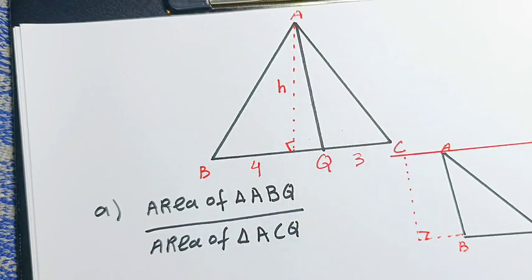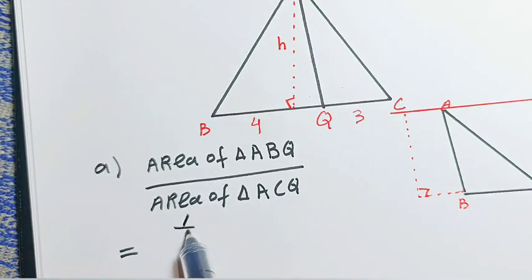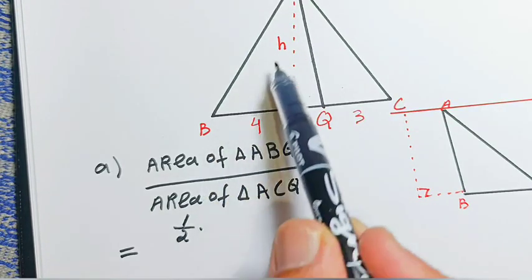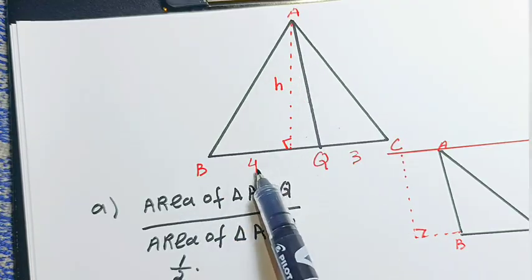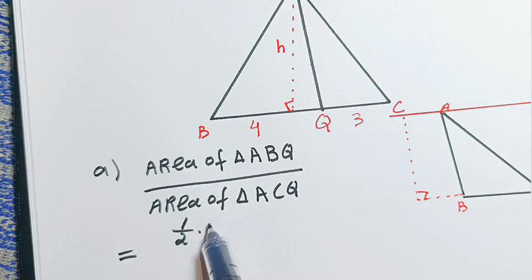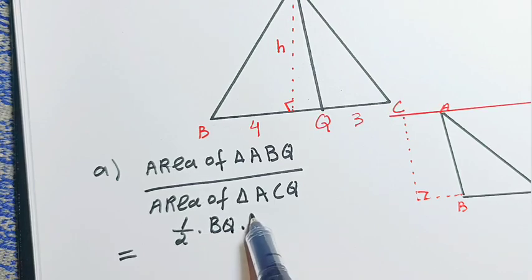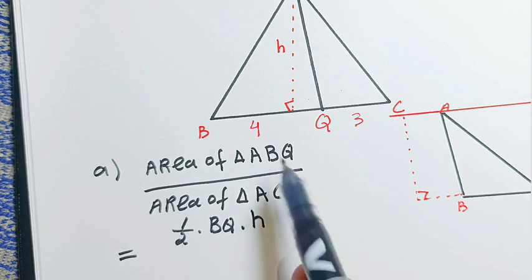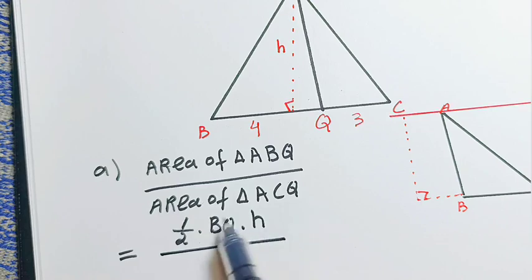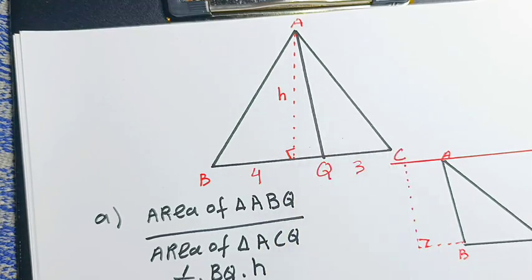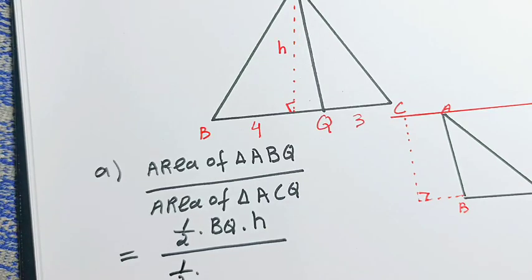The formula says 1 over 2, and the base of triangle ABQ is BQ, times the perpendicular height, which I denote with H, over area of triangle ACQ, 1 over 2, base times perpendicular height.